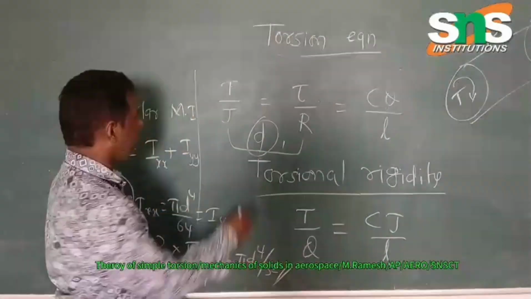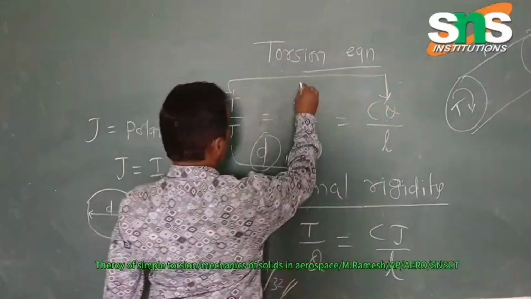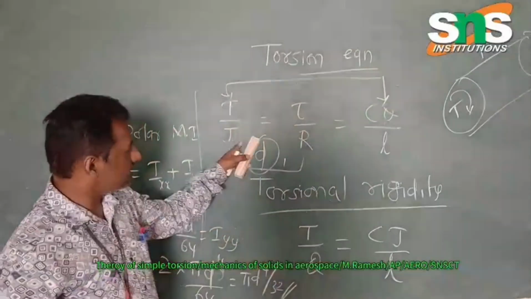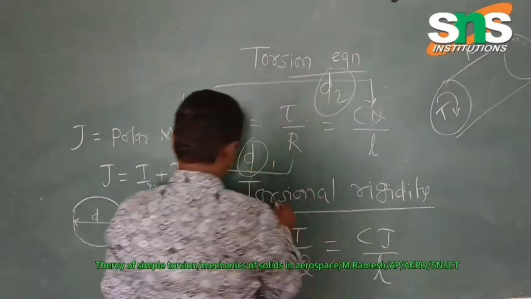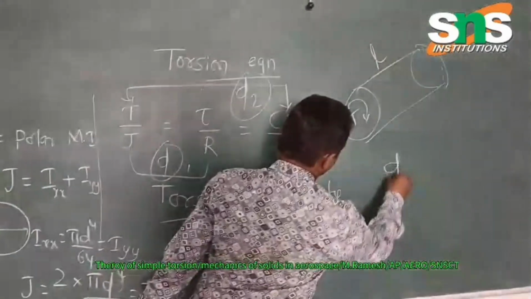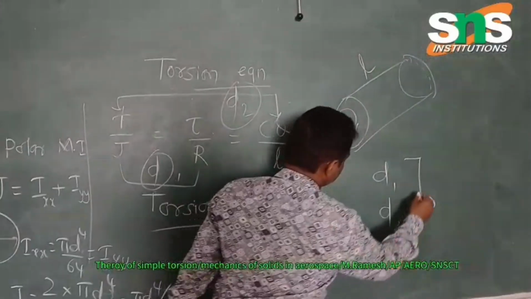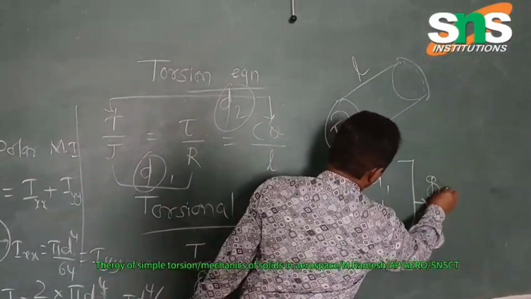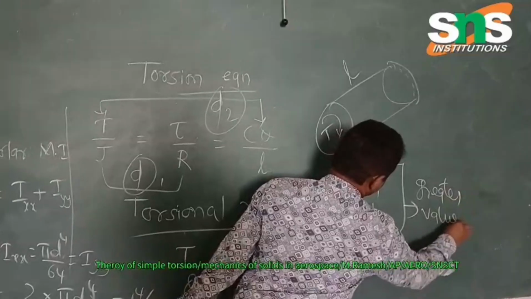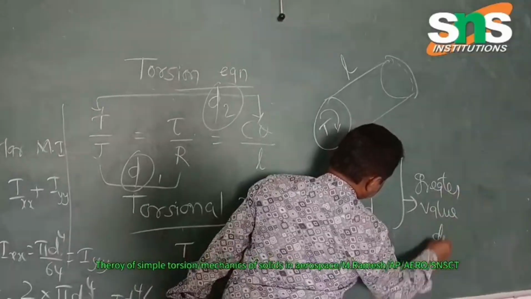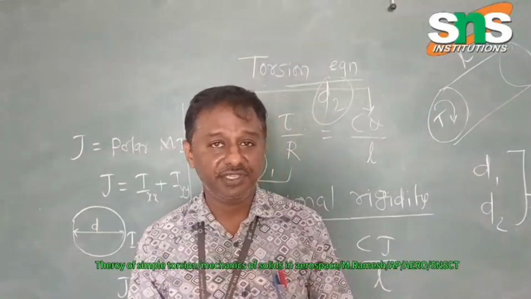Then we can go for the angle of twist. So consider the first one and the third one and find the diameter. This is the second case. So consider the first case D1 and D2. Which one is greater? The greater value will be the safest one, so the greater value of the diameter is the answer, because we have to have safety.